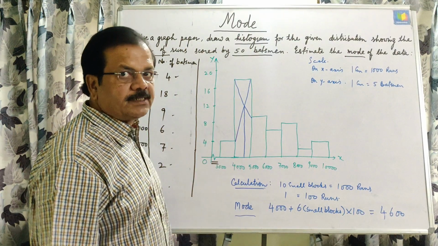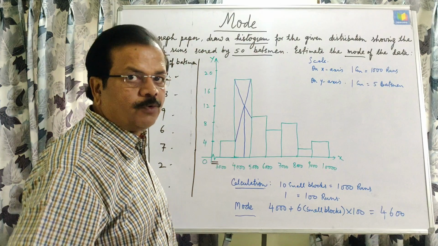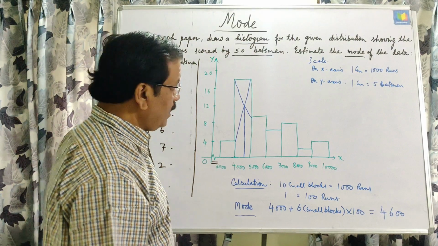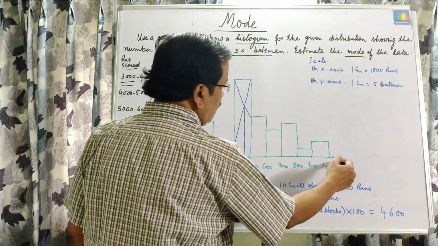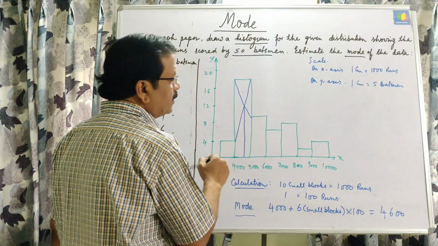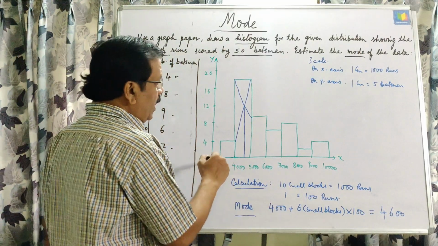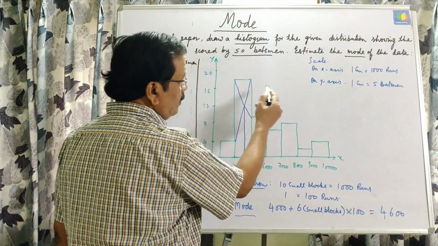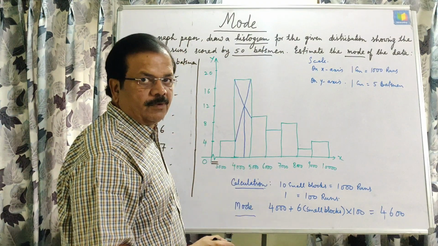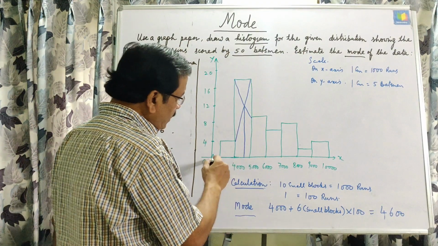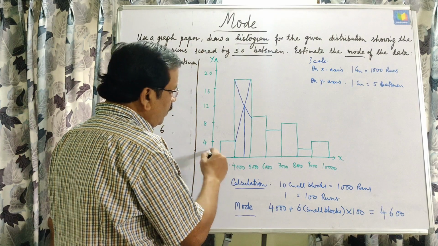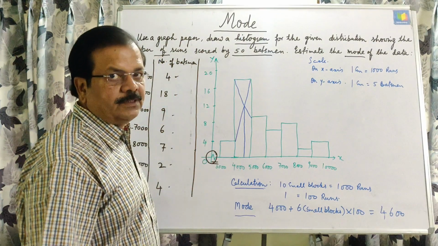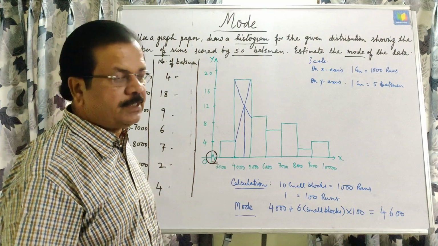Don't underestimate this kink, because this kink is also checked. Okay, sometimes 1 mark is allotted for both the axes and the kink, and another 1 mark for the histogram. And that is why this kink is also very important, just to get full marks in this question.